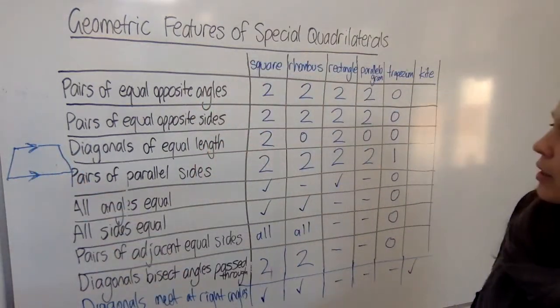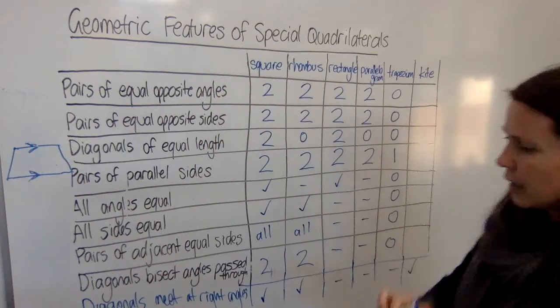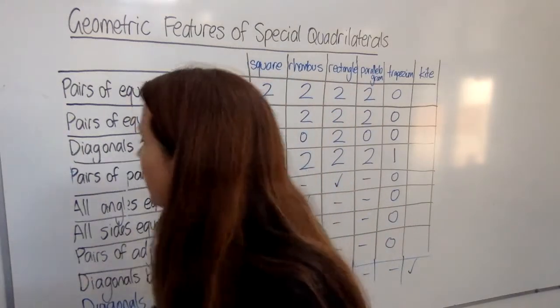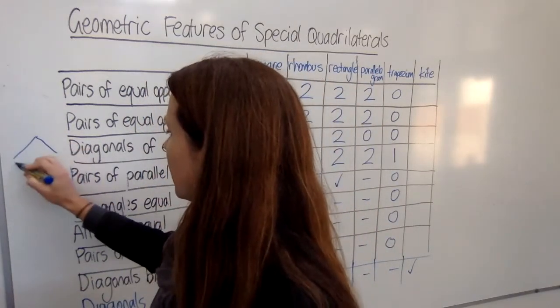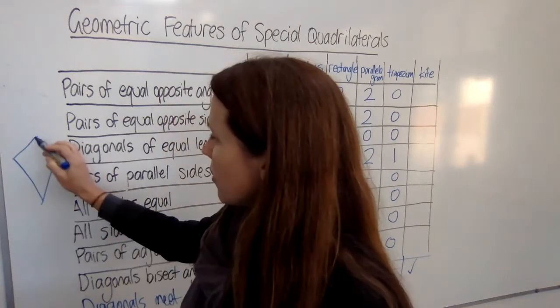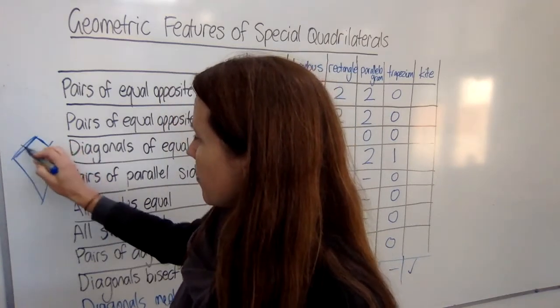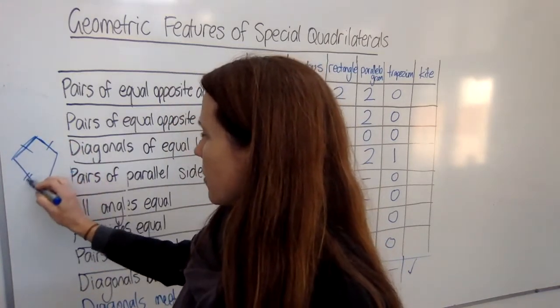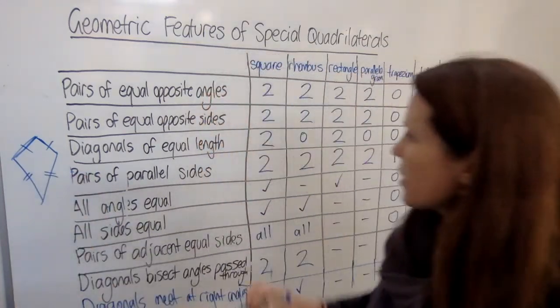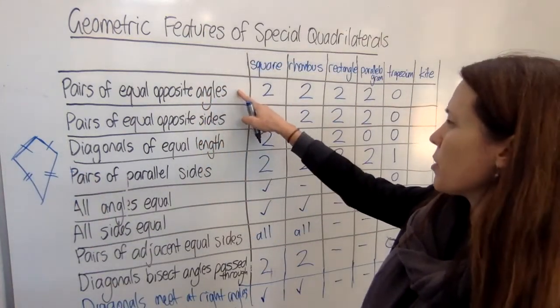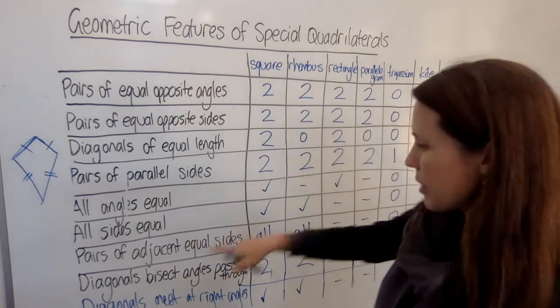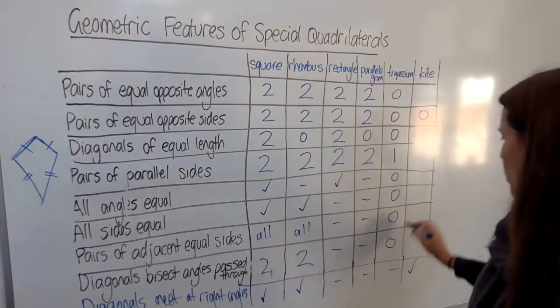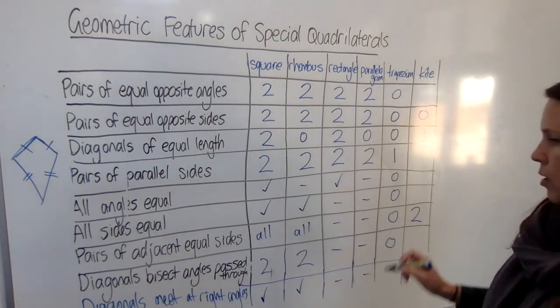Now the kite is an interesting one. This side and this side are the same, and these 2 sides are the same length. So it doesn't have any opposite sides, but it does have 2 pairs of adjacent equal sides.